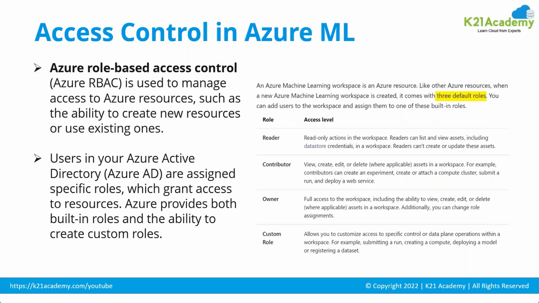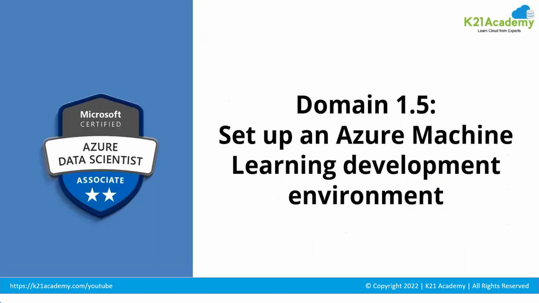Then we assign the role to the particular user. So what are the different roles we can create? We have reader role, contributor role, owner, and custom role. You can go ahead and read further about them, but these are the roles we can create and then assign to the users.